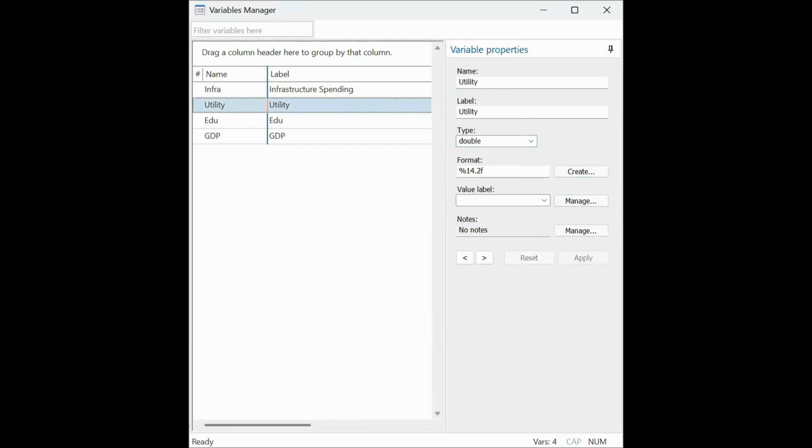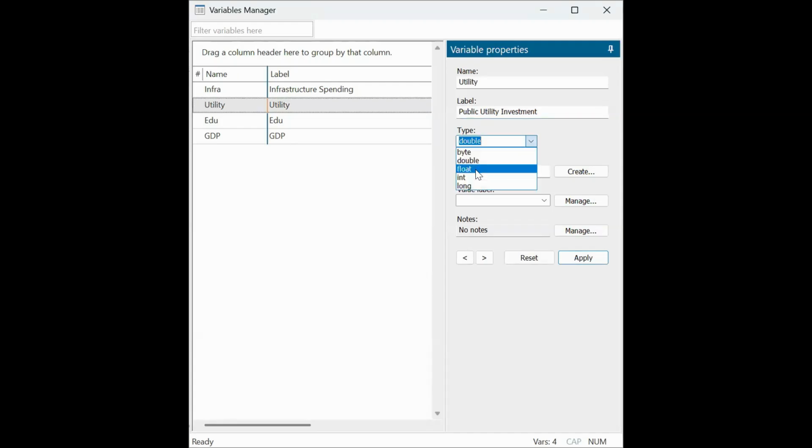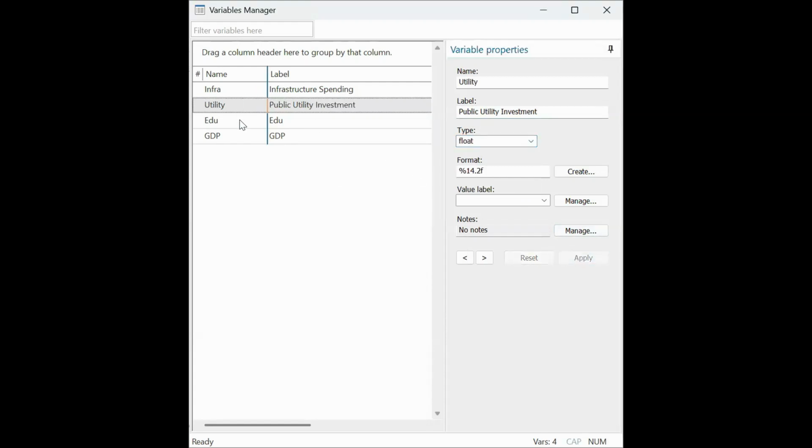Utility, what does it mean? Infrastructure spending. Public utility investment, that's a utility. Please, are you with me? Public utility investment. Let it float. You apply. Edu.